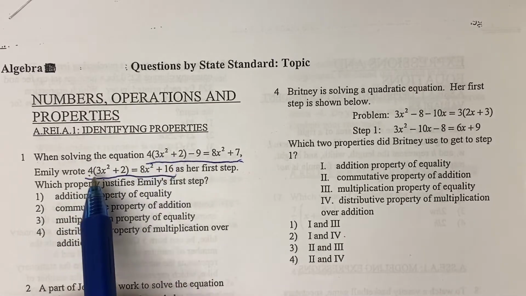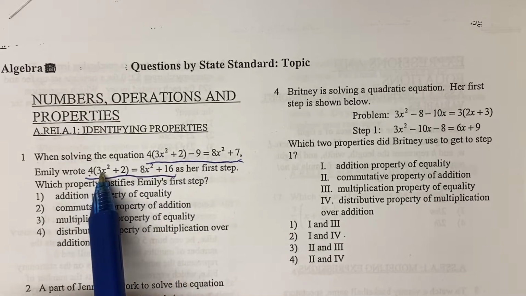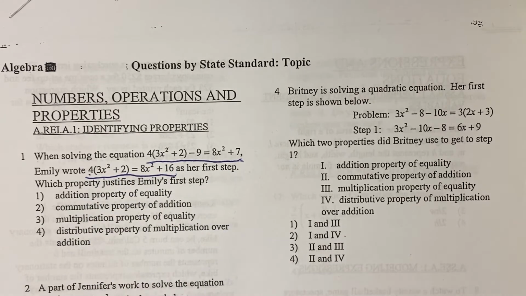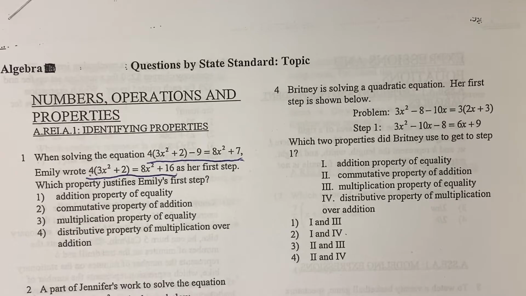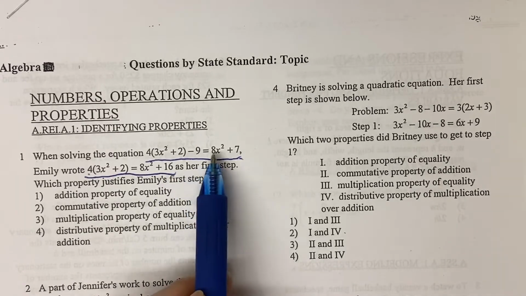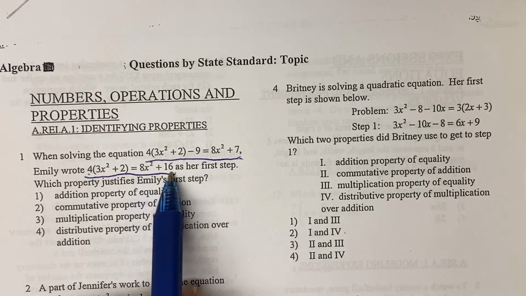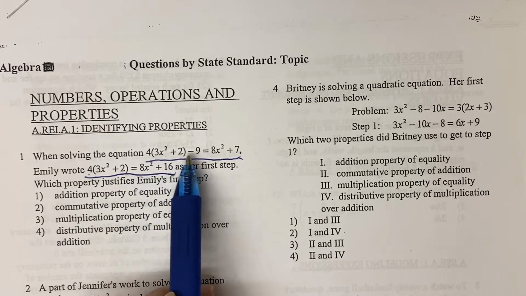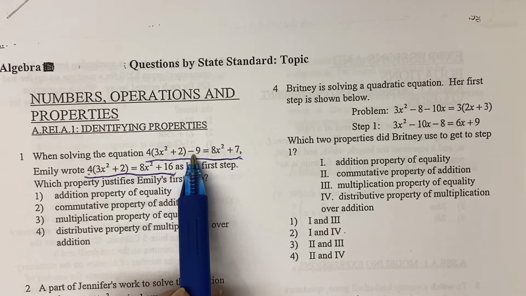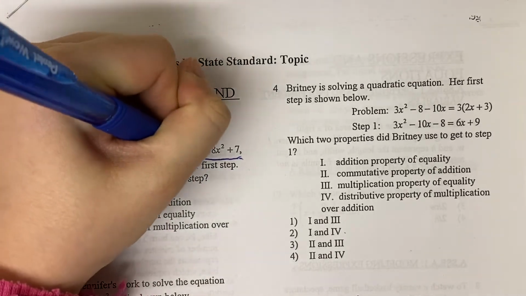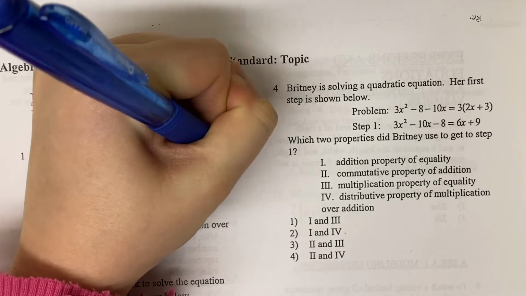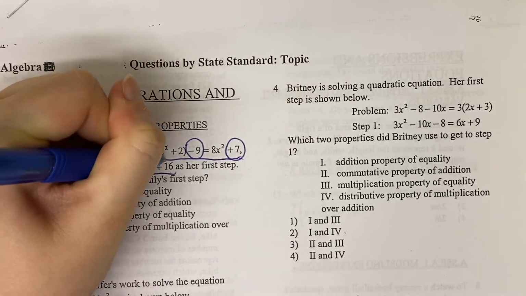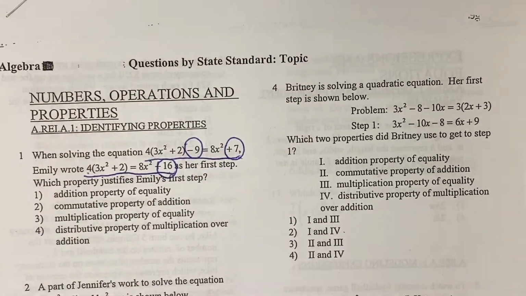This is the exact same. She hasn't done anything there. She hasn't distributed the 4. She hasn't multiplied anything. But on the other side, we have 8x squared plus 7, and now we have 8x squared plus 16. And you can see that the negative 9 that was next to this set of parentheses is also gone. So the negative 9 and the positive 7 has turned into a positive 16.